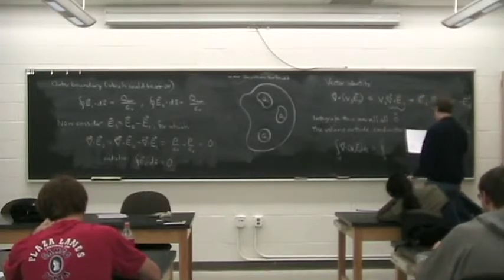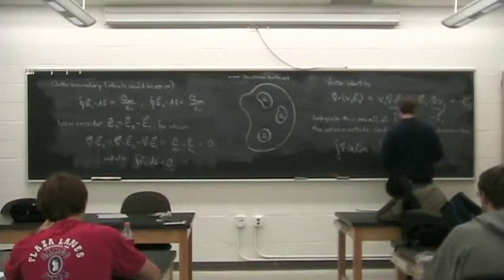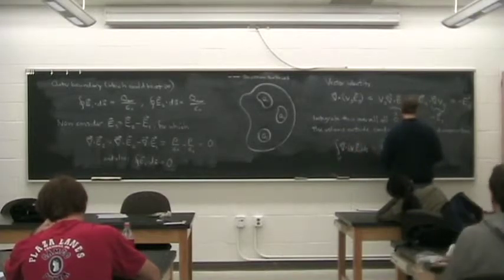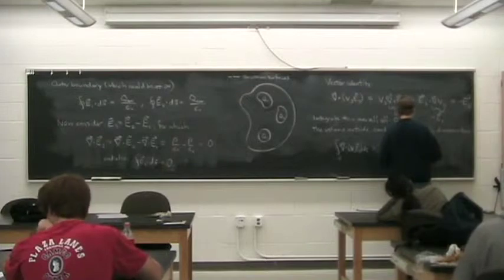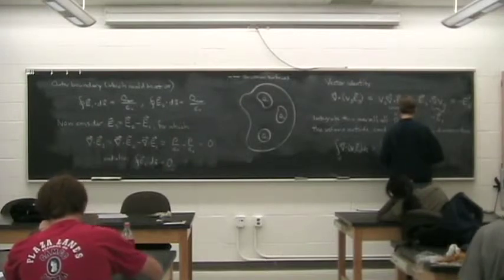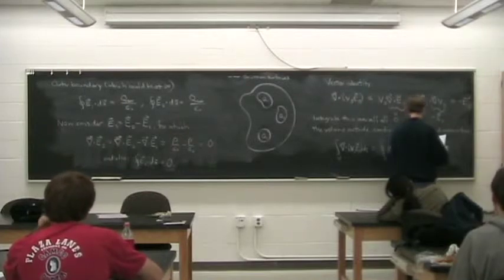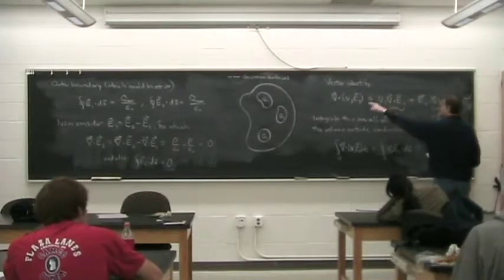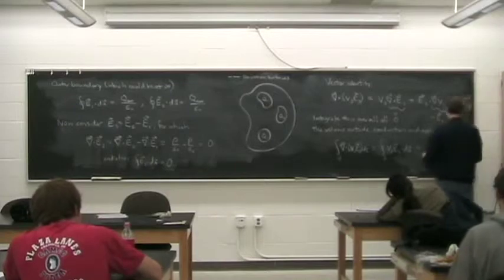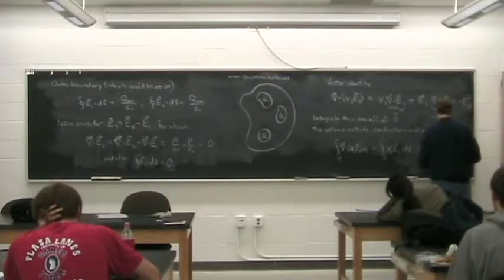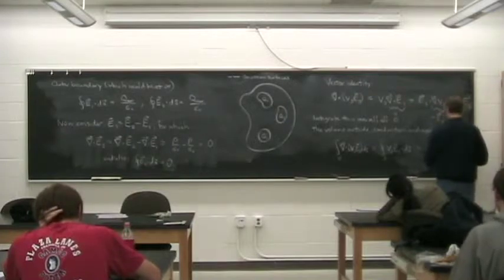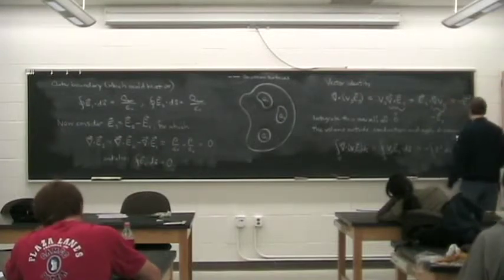Anyway, the integral of the divergence of V3 E3 is the flux of V3 E3 over the boundary surface. And by the relation we just derived, that's also equal to minus the integral of E3 squared d tau.